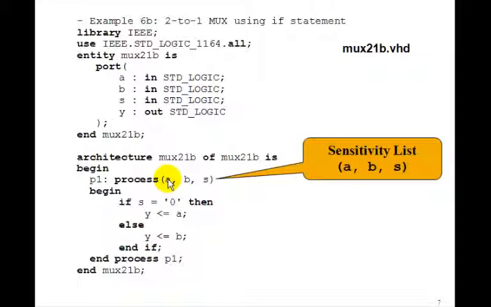So a sensitivity list contains everything that if any one of these signals or inputs change, then the process executes, as it were, and executes this if statement. So you must remember to put everything you want in the sensitivity list that if it changes, you want the process to execute.